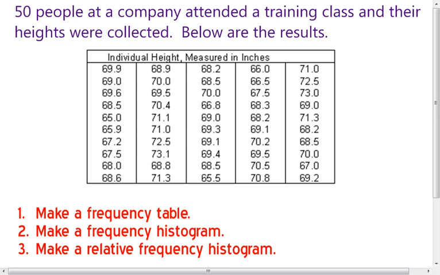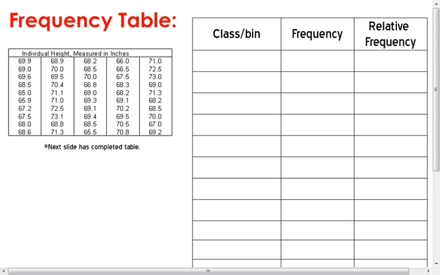When you make a frequency table, it's going to look something like this. So the first thing you have to do is figure out what you want your classes to be, how you're going to divide this up. And you can see you've got decimals in here. If you scan through your list, you will see that 65 or 65.5, I believe, is the smallest number.